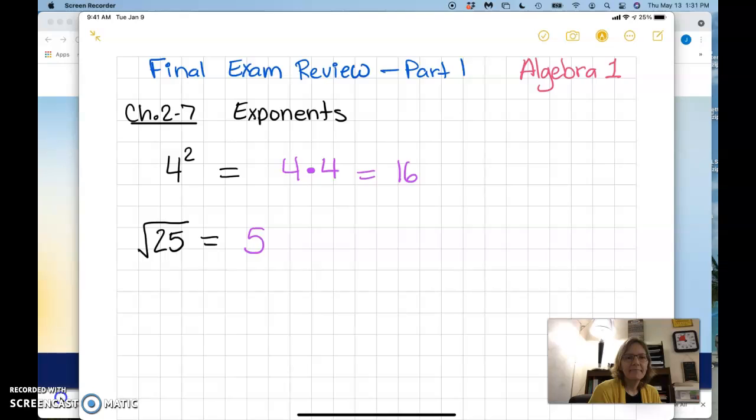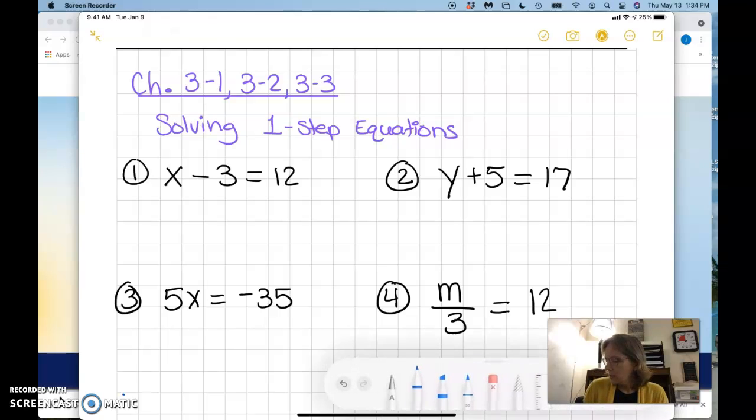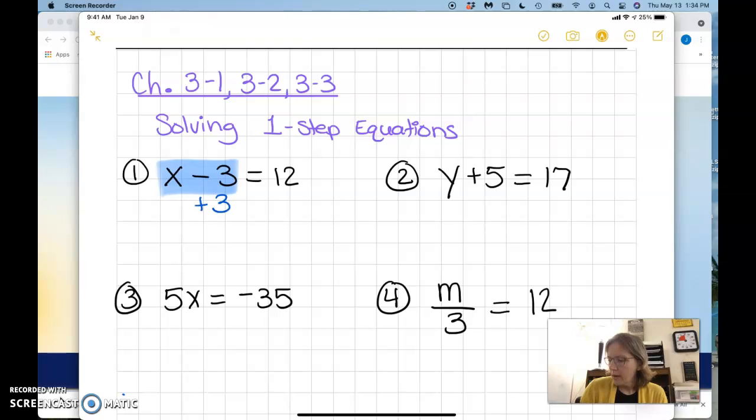All right? Okay, solving one-step equations is going to be your next section on the exam. Remember, when you're solving an equation, you look at what's happening to the variable and you do the opposite. So what is happening to this variable? So we're gonna add. And whatever I do to one side, that's right. 12 plus 3.